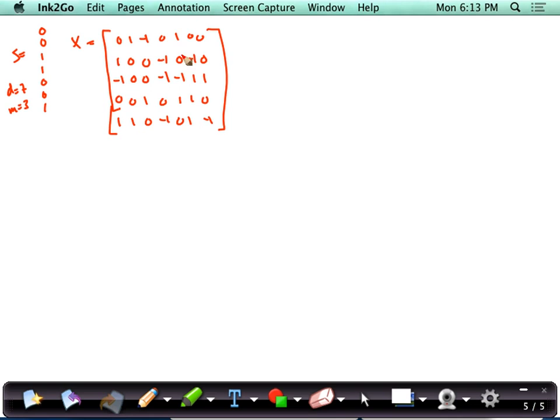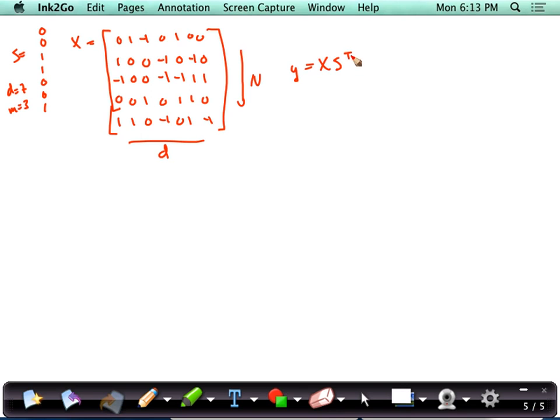The number of rows here is n. This is the number of measurements I'm going to be doing, whereas the signal has dimension d. So d lies along here. Now if I do this measurement, this is going to be x times s.